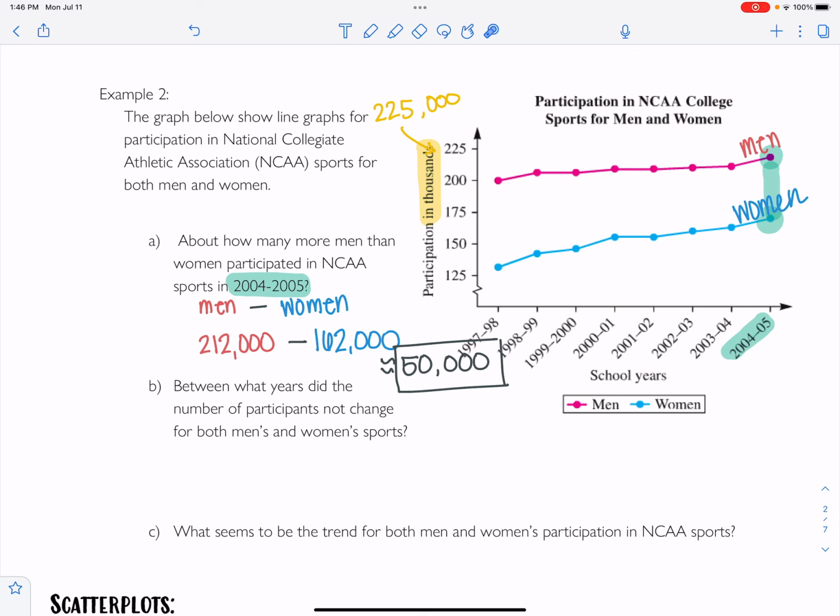All right, letter B, between what years did the number of participants not change for both men and women? Meaning, between what years did the graph stay the same? Did it stay flat? So as I'm looking on this graph, I see here that it looks like the men didn't change and the women also didn't change. So during those years, did it not change?